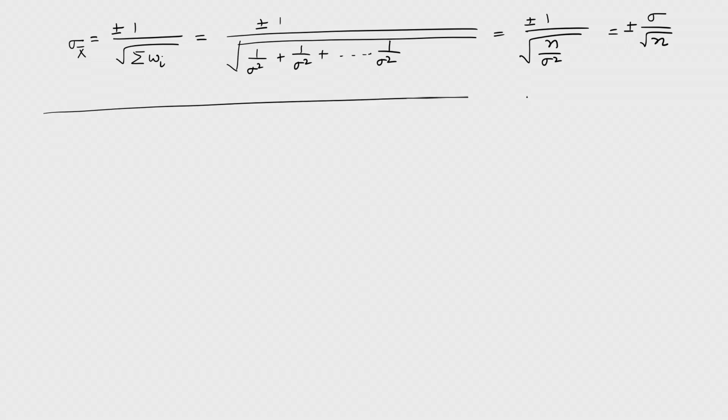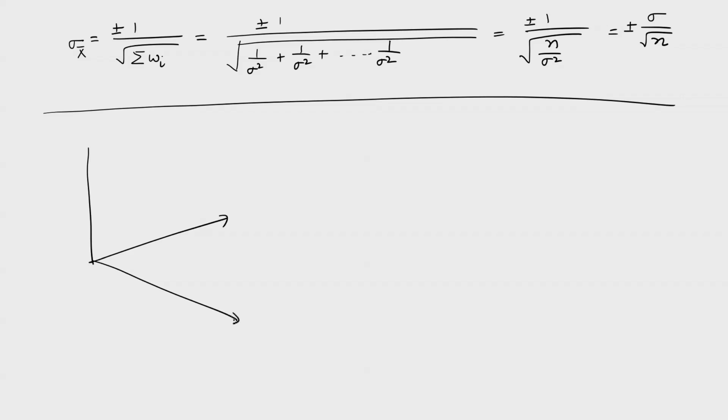The example is, in a 3-dimensional coordinate system, using a total station, you measure a distance called rho, and you are measuring two angles.